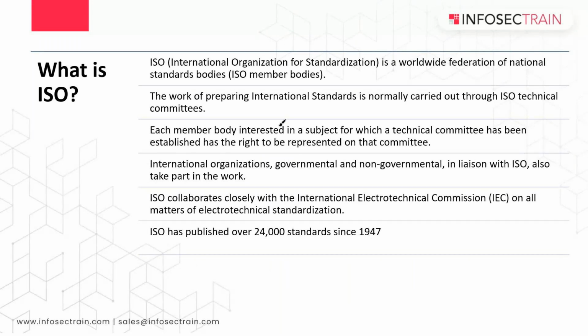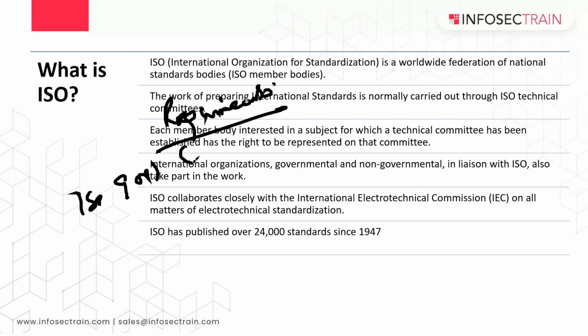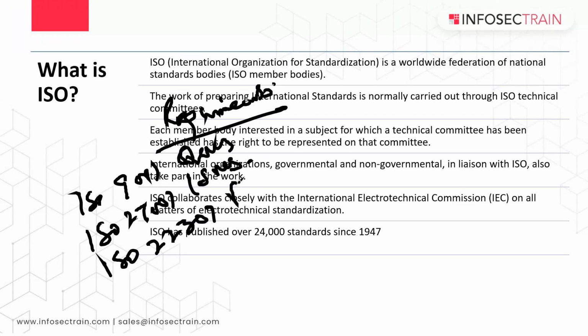Just to give examples of requirements standards which can be certified: ISO 9001 quality management system, ISO 27001 information security management system, ISO 22301 business continuity management system. All these are requirement standards.